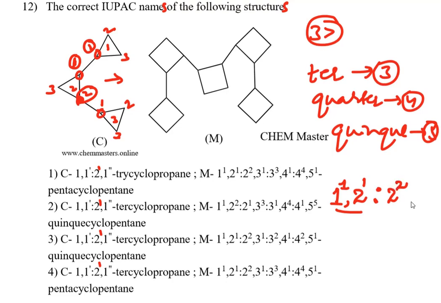Okay, and it should be separated from another junction with a comma. And after that, now just look at the third ring. And the third ring is connected with the second ring with the locant number 1. Okay, so 3, 1. This is the way of numbering. Okay, and after giving that, how many identical cyclopropane rings are there? 3. That's why ter.